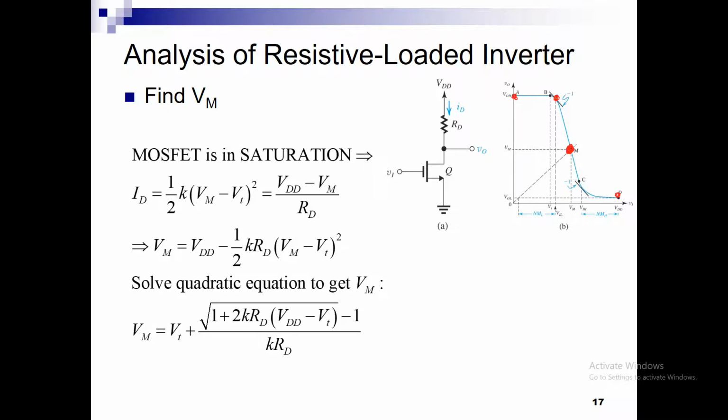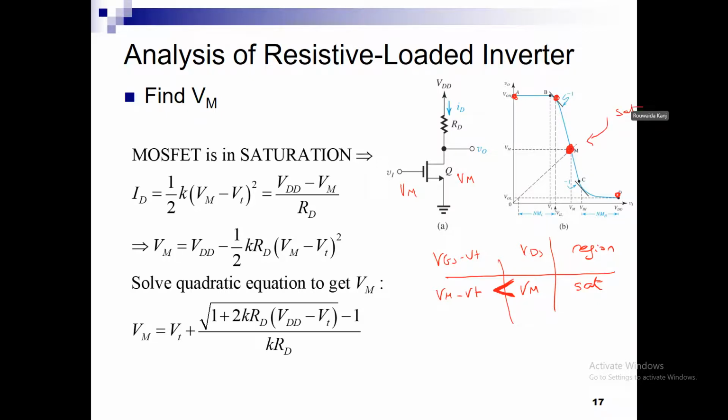At point VM, Vin is equal to Vout, which equals Vm. So the device will have VGS minus VT as Vm minus VT and VDS as Vm, and the region will be the saturation region. Why? Because Vm is greater than Vm minus Vt, and by virtue of the VTC, we know that this is going to be in saturation.